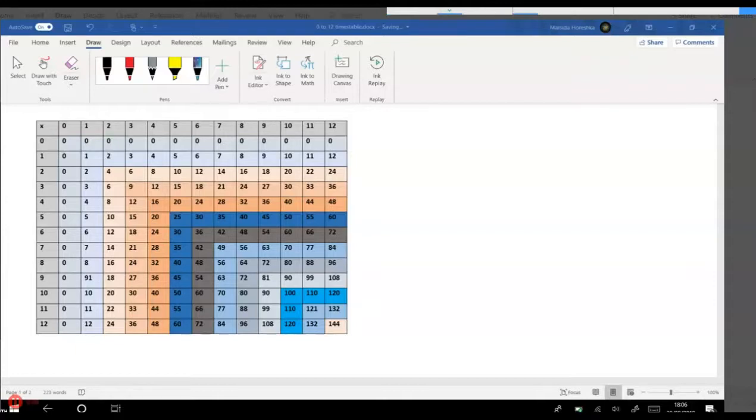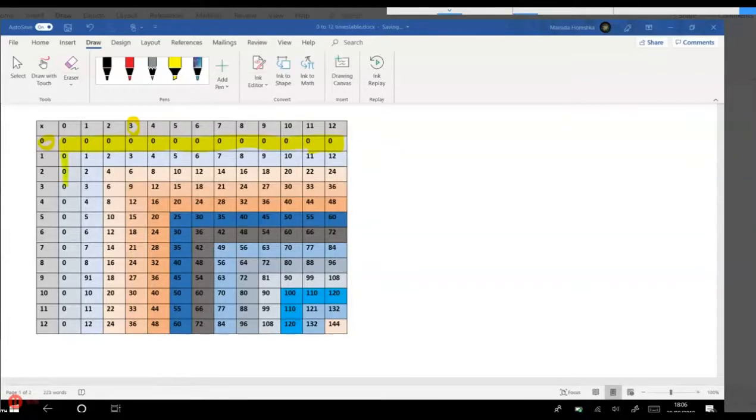And you've probably noticed that anything multiplied by 0 equals 0. So 0 times 0 is 0, 0 times 1 is 0, 0 times 3 is 0, 0 times 4 is 0, and so on. 0 times 5,000 is 0, 1,000 times 0 is 0.